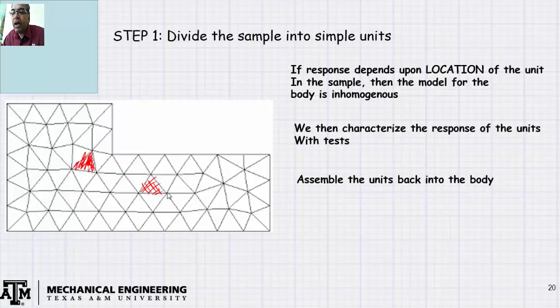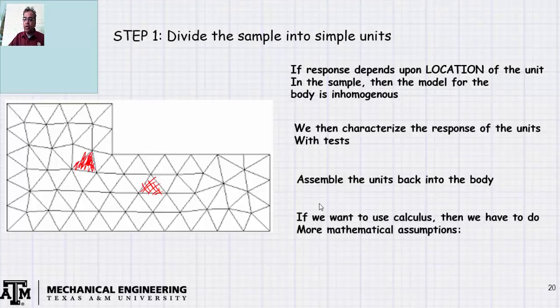Then we have to characterize the response of these pieces by doing tests. Once I have the response of the pieces, I can assemble them back together to make the response of the body. So this breaking up and assembling is how it works.